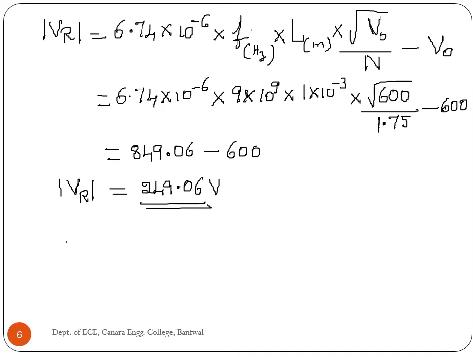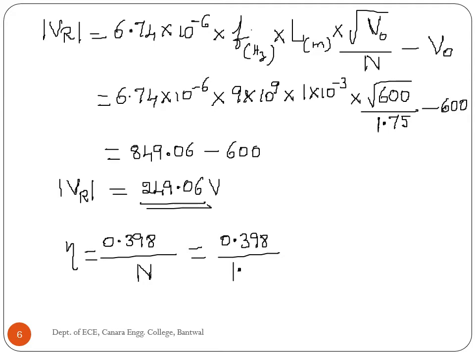Now, we need to find out efficiency. Efficiency is equal to 0.398 divided by N, which is equal to 0.398 divided by 1 into 3 by 4, which is equal to 1.75, is equal to 0.2274.